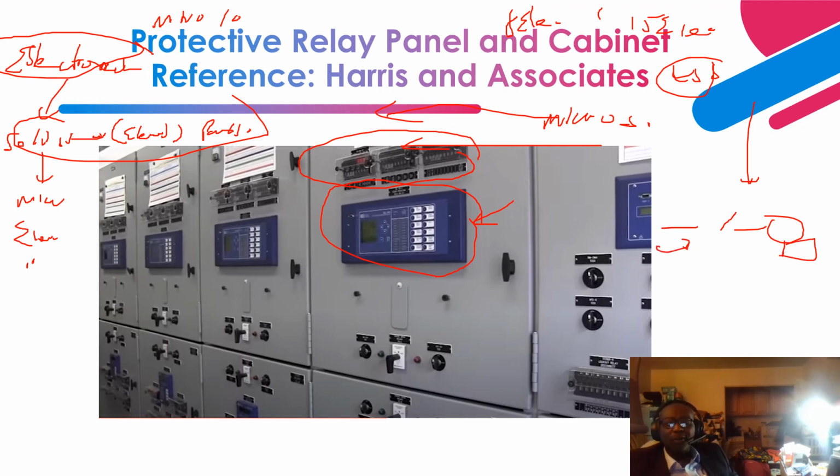If you want to perform current injection, we have primary injection and secondary injection, and you utilize the test block to do that. Remember that CTs have to be shorted. You can't leave them open circuit.